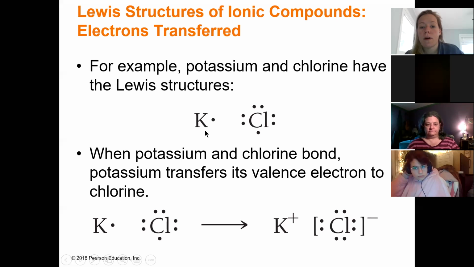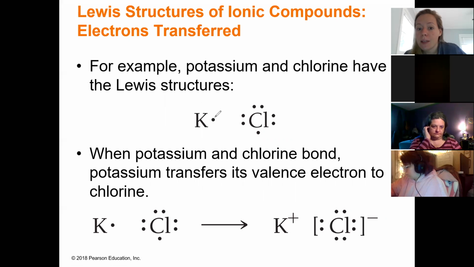I'll show you here. If I've got potassium and chlorine, for an ionic compound Lewis structure you'll want to draw the metal with all of its valence electrons. Potassium is in column 1, so we give it 1 dot. Chlorine is in column 7, so we give it 7 dots. You might already be able to see what makes sense to get those complete onion layers.